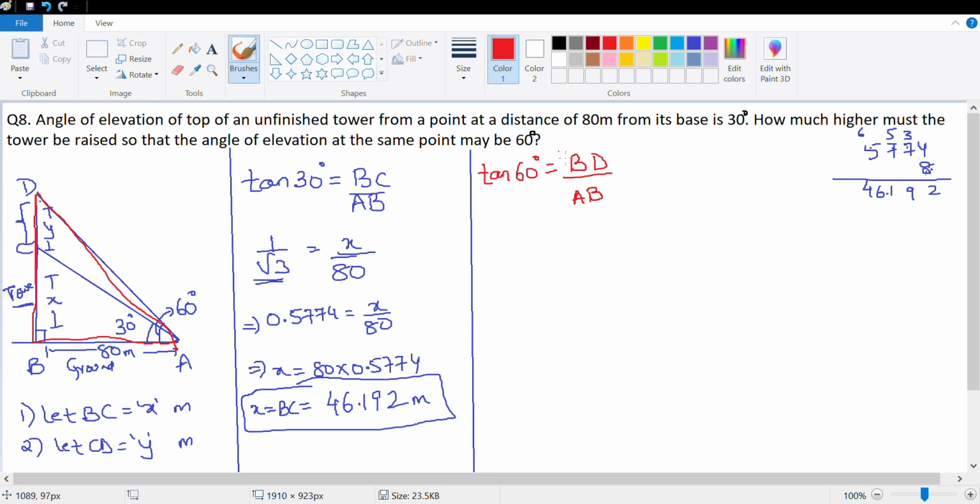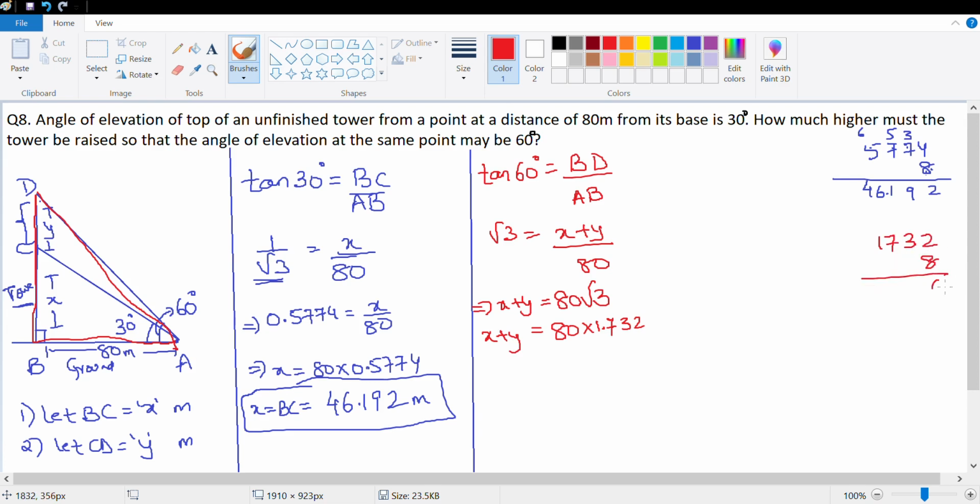Tan 60 degree is equal to root 3, and BD is X plus Y, and AB is 80, which means X plus Y is equal to 80 root 3, 80 into 1.732. That's as per the book. So we will multiply 1732 with 8.